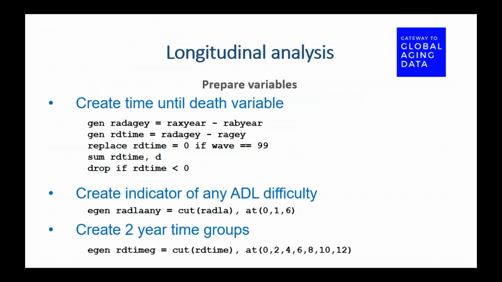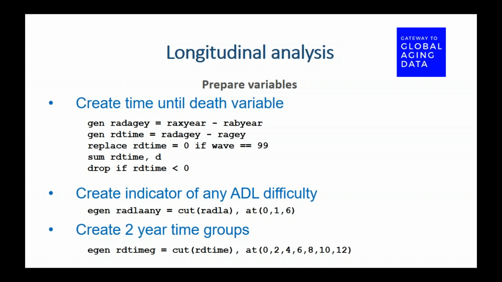And then we're going to prepare our variables just a little bit, just a couple of changes. So we're going to create a time until death variable. So we know the death year and we know the person's birth year, and we also have their age values. So the first thing we're going to create is an age at death variable. We'll call that RADAGEY, the age of death in years, and we'll make that variable by subtracting the birth year from the death year.